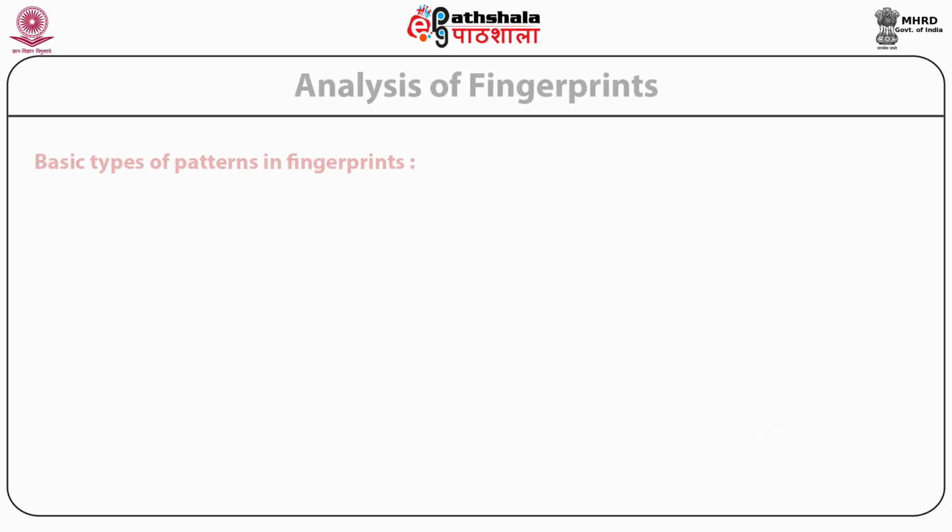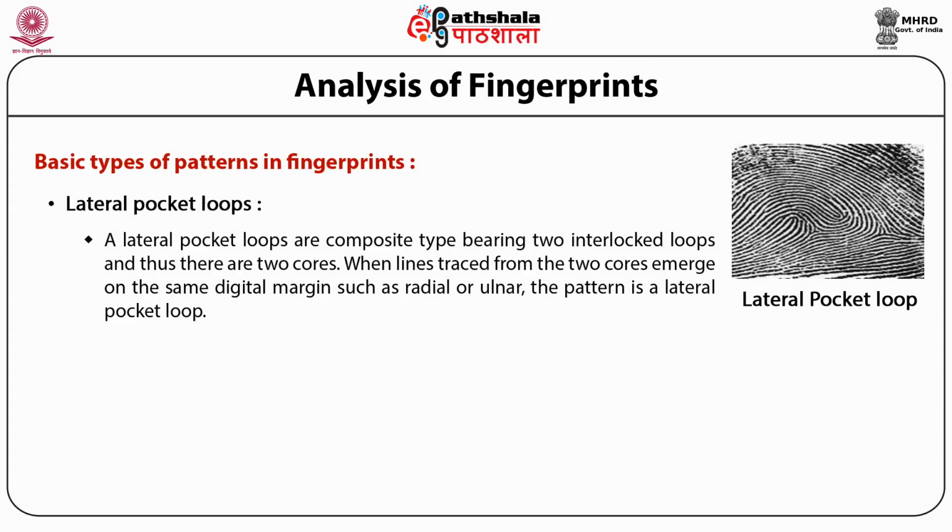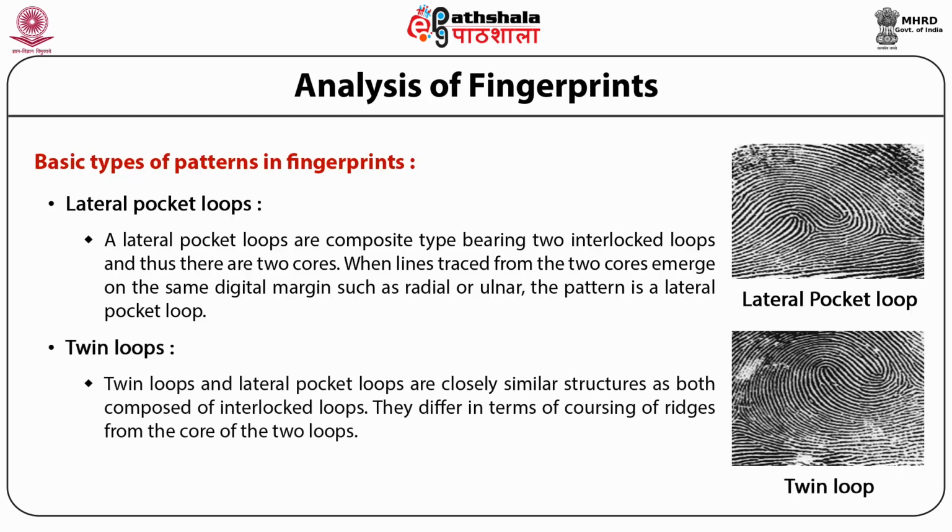A lateral pocket loop is a composite type bearing two interlocked loops, and thus there are two cores. When lines traced from the two cores emerge on the same digital margin, such as radial or ulnar, the pattern is a lateral pocket loop. Twin loops and lateral pocket loops are closely similar in structure as both are composed of interlocked loops.